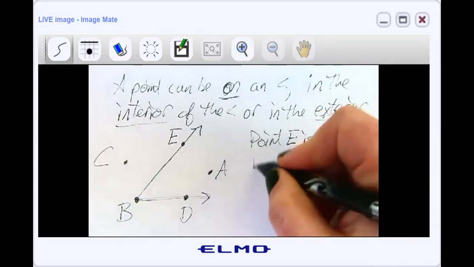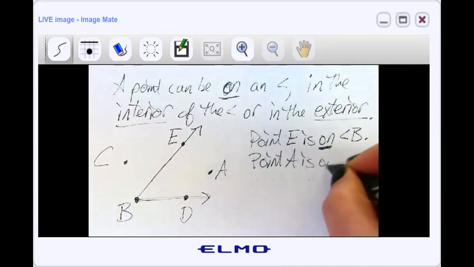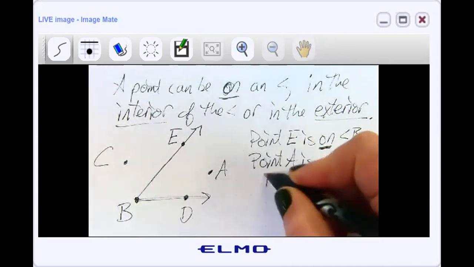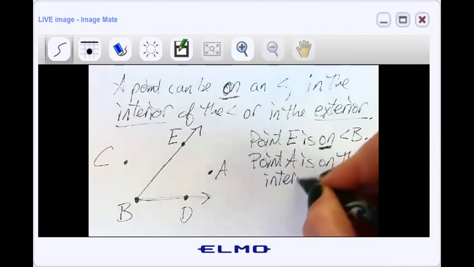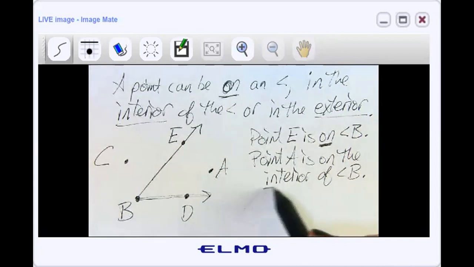So point A is on the interior of angle B. That's how we would say that. Interior of angle B. Okay, if those two rays were to come back together, they would squash A.